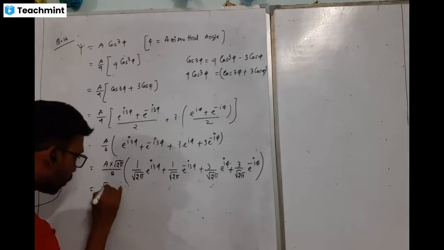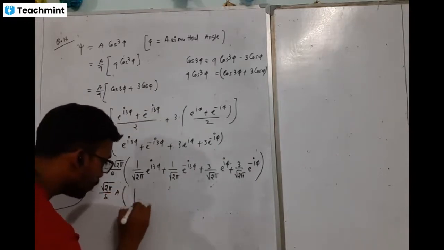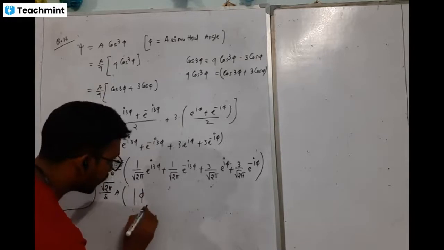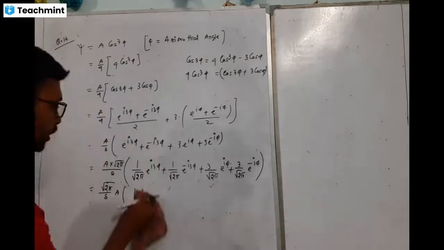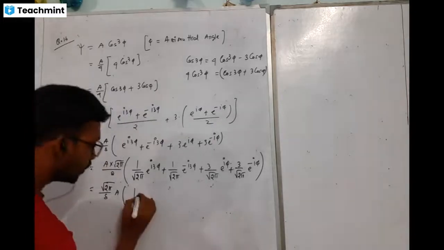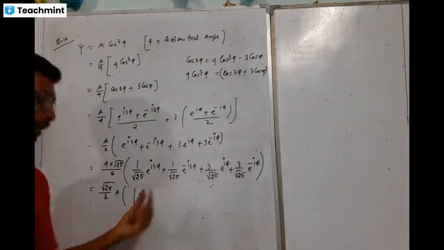So √(2π)/8 times a times φ3. This is a state, another state.